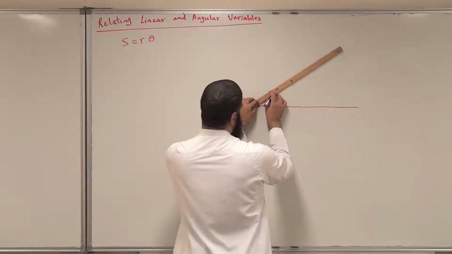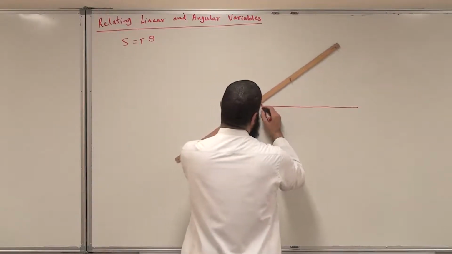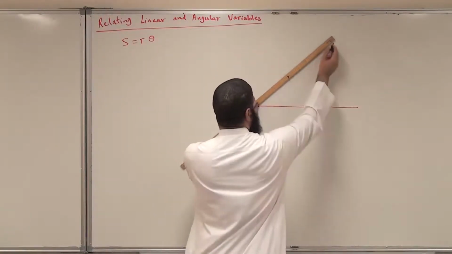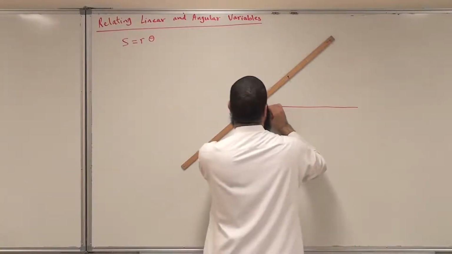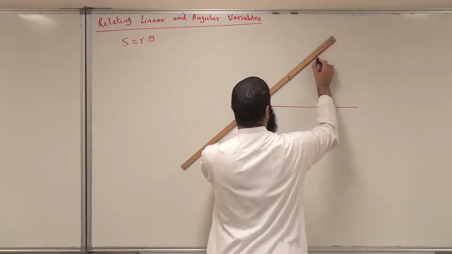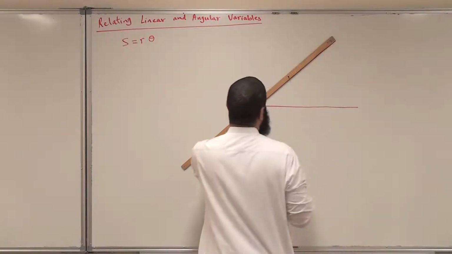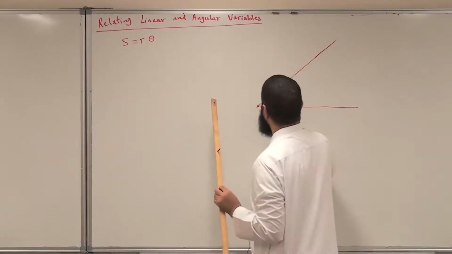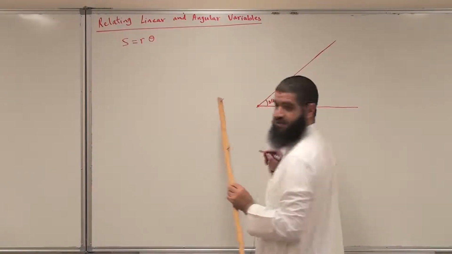At a later time my object is rotating, and now it is at this angular position finally. So this is my delta theta.